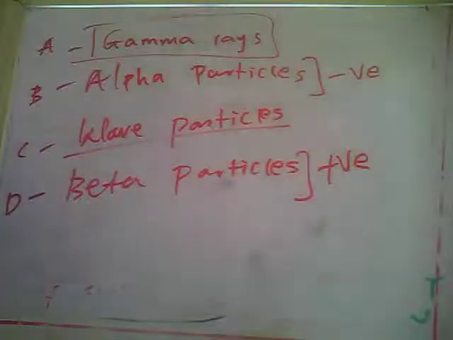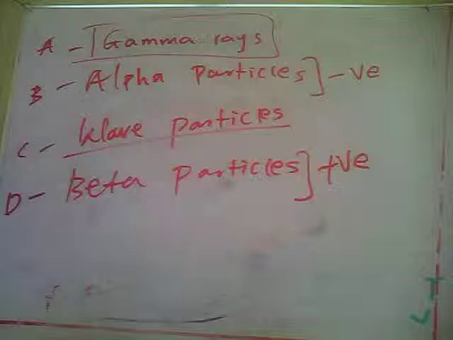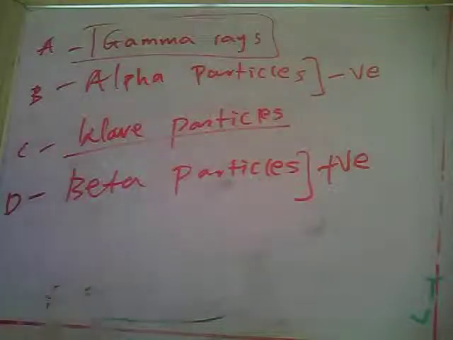A piece of radioactive material contains 1,000 atoms. That's number 47. If its half-life is 20 seconds, the time taken for 125 atoms to remain is what?